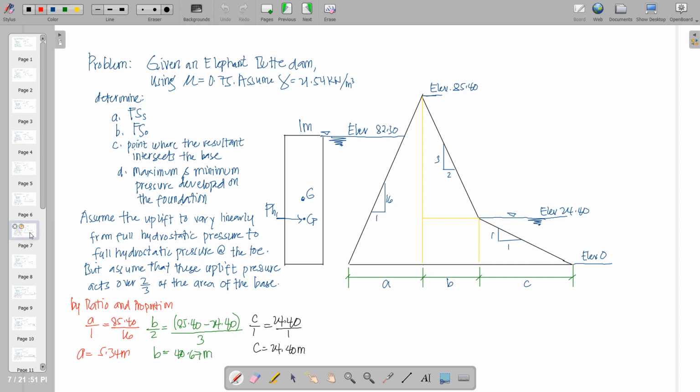So here we are going to project the 1 meter strip out of this dam. As usual, we have the center of gravity, then the center of pressure, which we are going to label as PH1. This is towards the dam.